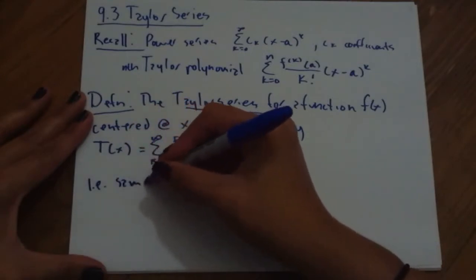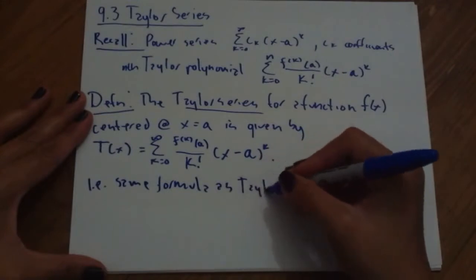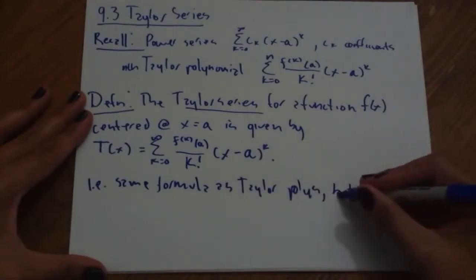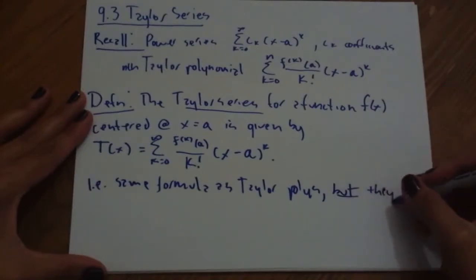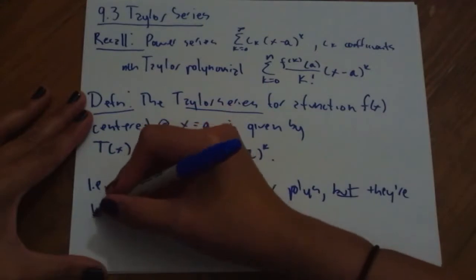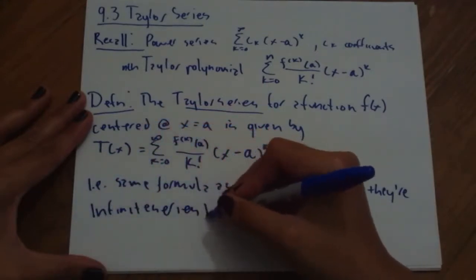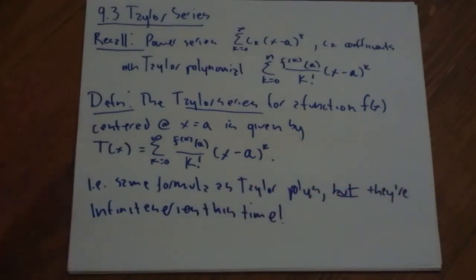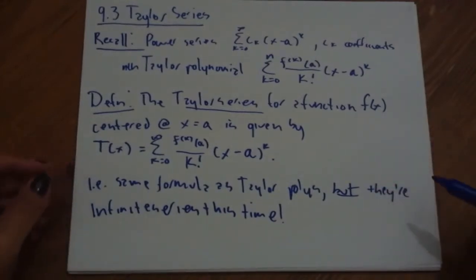Same formula as my Taylor polynomials, but they're infinite series this time, not finite series. So, if I'm computing these things, here's kind of the trick.